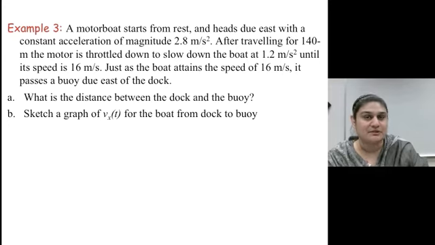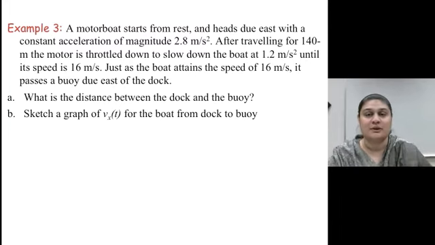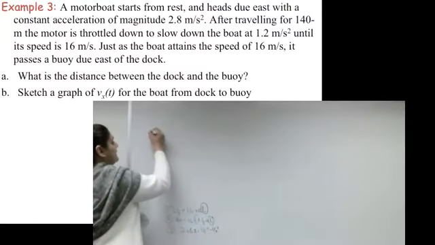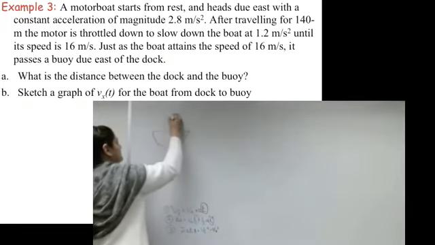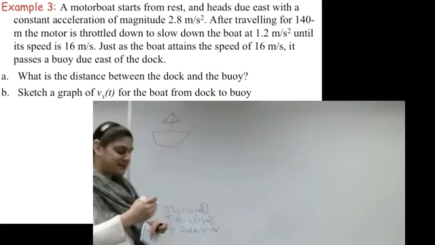Okay, now this is going to involve a couple of different ideas, but it's going to be very simple, so hang in there, okay? So the first thing we are going to do, as always, is draw a picture. So now we have a boat. I'm just going to make it into a sailboat. It doesn't tell me what kind of boat it is. Oh, it actually does tell me.